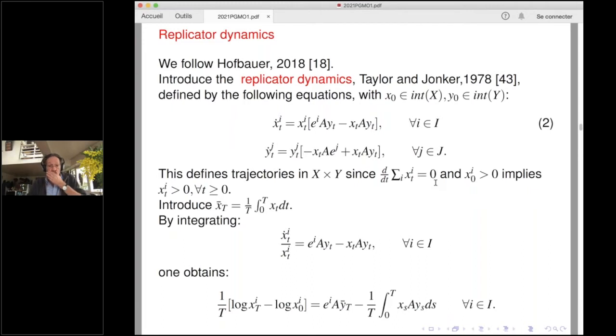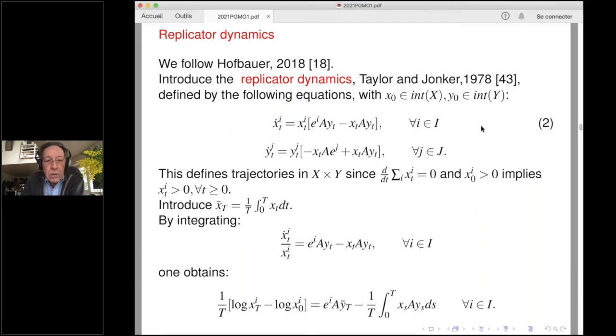So the simplex is preserved, and if the initial point has a positive component, then it will still be positive for all times. I introduce the time average x bar t. Okay, so it's a time average of the components. So it's a vector in the simplex, which is the time average of the trajectory here.